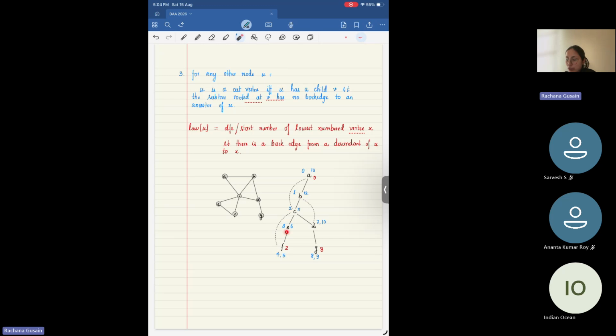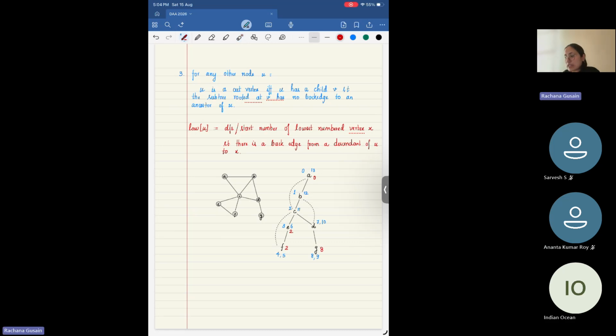E has only one child, so there is only one descendant. And I see that from that child, I can go to a node whose start number is 2. So the low of E is equal to 2.